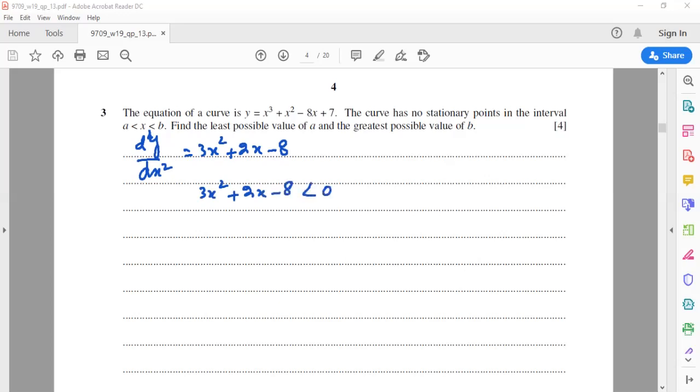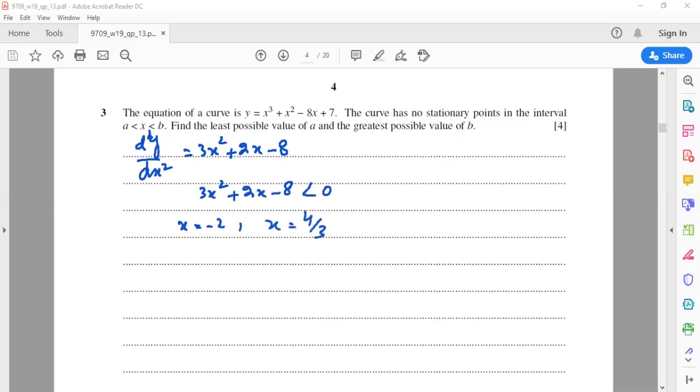Now if you see here, by using the calculator mod 3, we are able to get the two answers of x here: one answer we have got is 4 over 3, and the other answer is minus 2. x is equal to minus 2 and x is equal to 4 over 3.